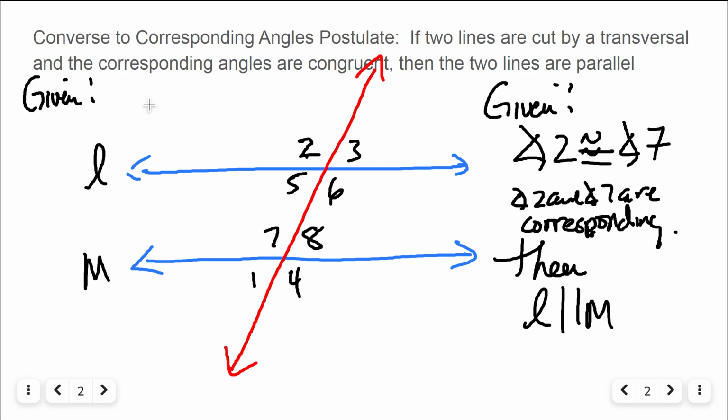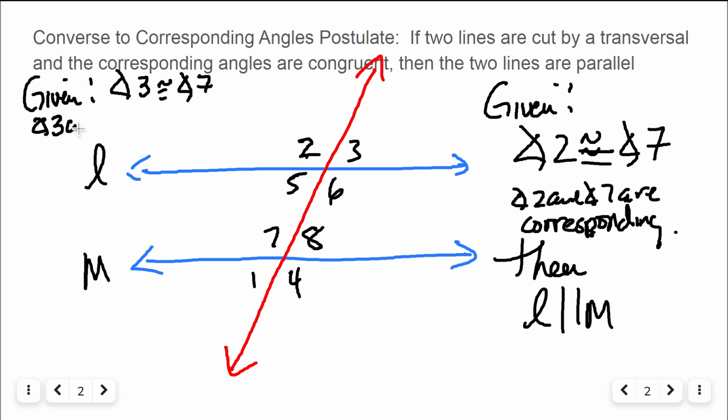Let's say I were to tell you that angle 3 is congruent to angle 7. Now you look at this picture here. Angle 3 is in the top right-hand corner. Angle 7 is in the top left-hand corner.